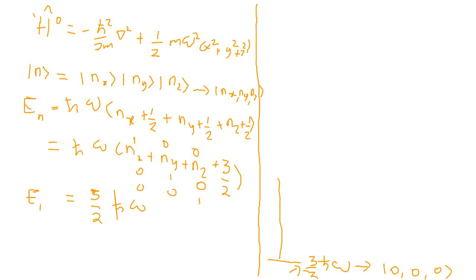So this state is already threefold degenerate. What I was asking you to do was, the first thing for degenerate perturbation theory is that you have to form a 3x3 matrix, because you have three states.